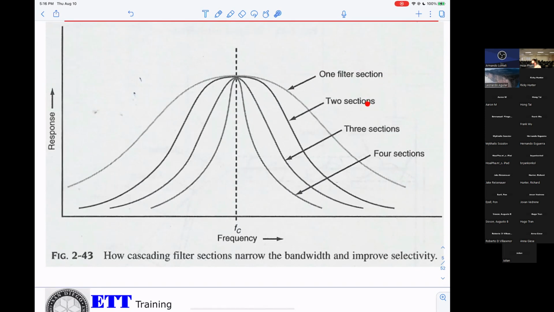That one is two sections, that means they're going down 40 dB. 3 sections, okay, and 4 sections, that means 6 or 8, okay.